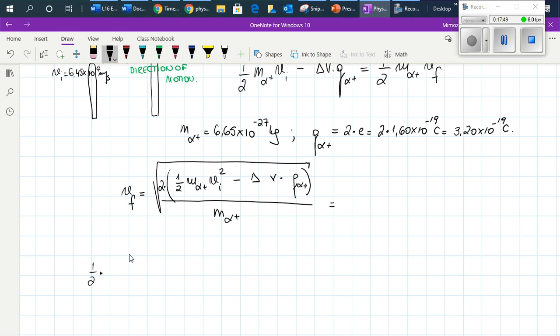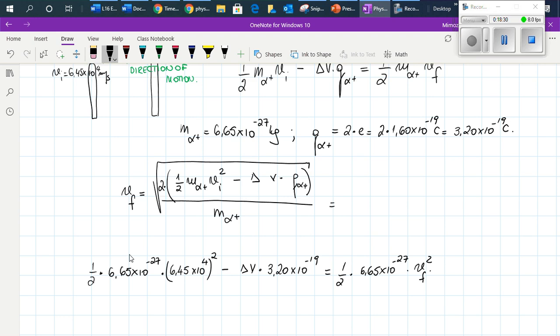1/2 times 6.65 times 10 to the power of negative 27 times 6.45 times 10 to the power of 4, the whole thing to the power of 2, minus delta V times charge, which is 3.20 times 10 to the power of negative 19, is equal to 1/2 times 6.65 times 10 to the power of negative 27 times V final of the alpha particle squared.